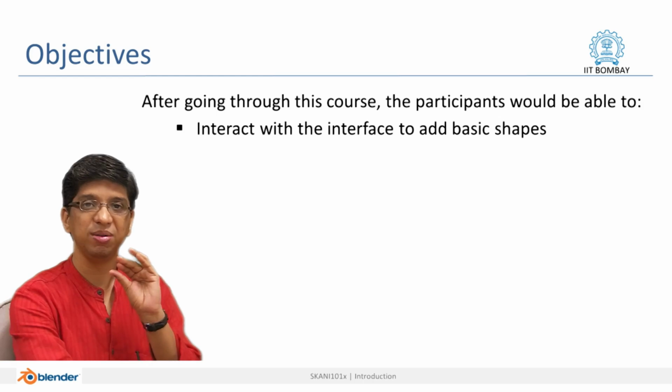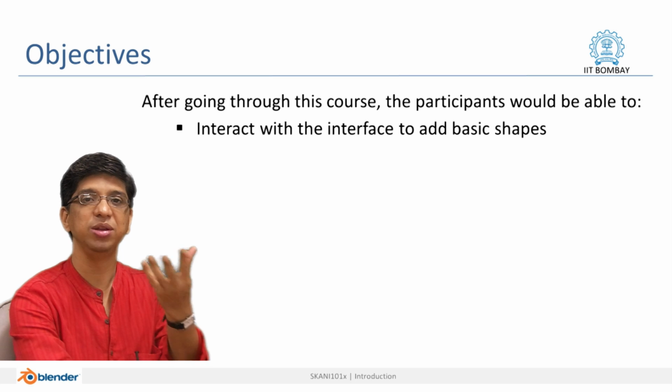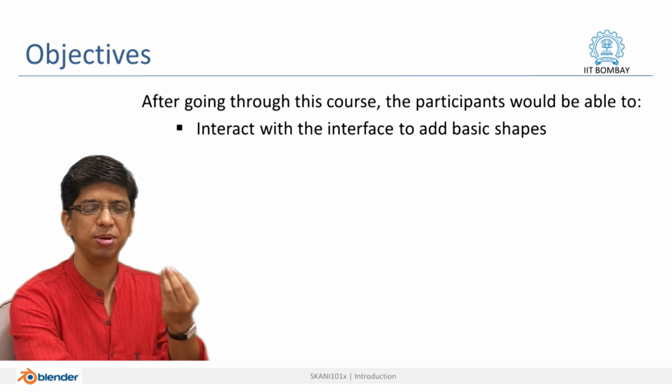What we plan to do, as I mentioned earlier and I repeat, is that this is a basic course. That is why you see that this course is titled 101. So this is a basic course in animation. 6 weeks is a very short duration program, in which we will definitely tell you how to interact with the software, how you can add, delete, modify certain objects, which will be basic shapes.